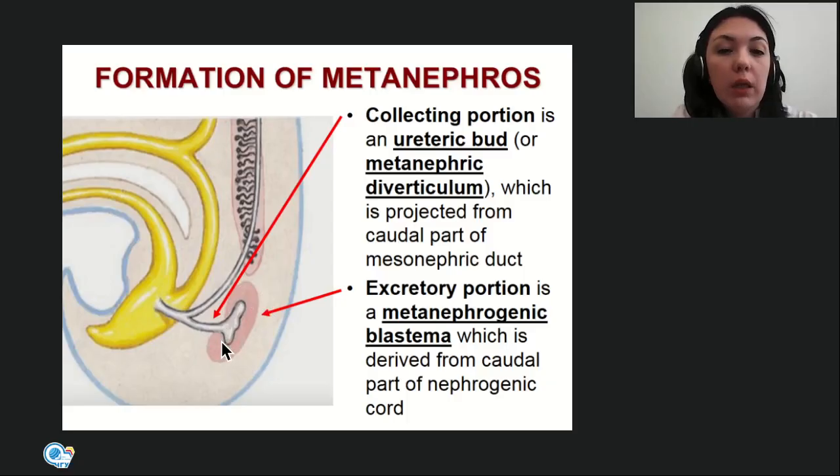So finally, this metanephrogenic blastema becomes the parenchyma of the kidney that consists of cortex and medulla, and the ureteric bud forms the pelvicalyceal system of the kidney, so minor and major calyces and renal pelvis, and also the ureter. That's how it is formed.